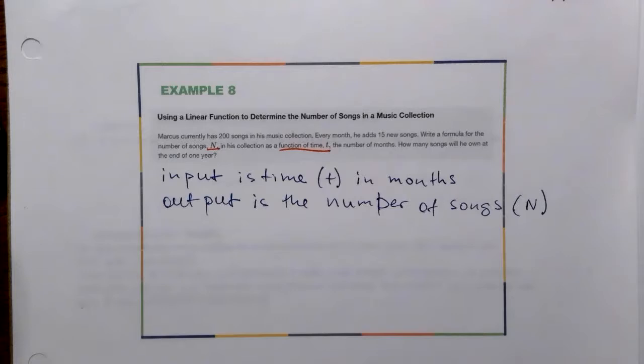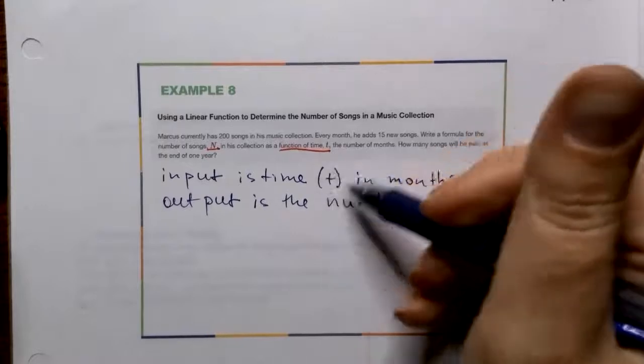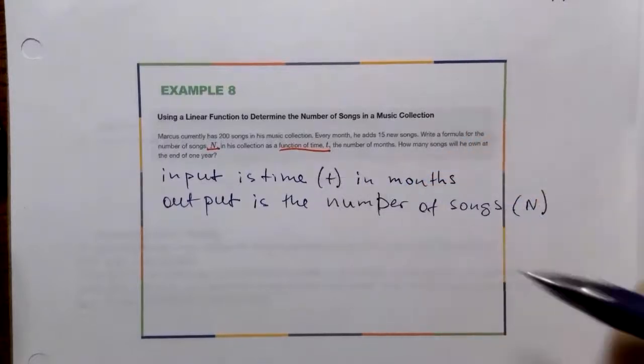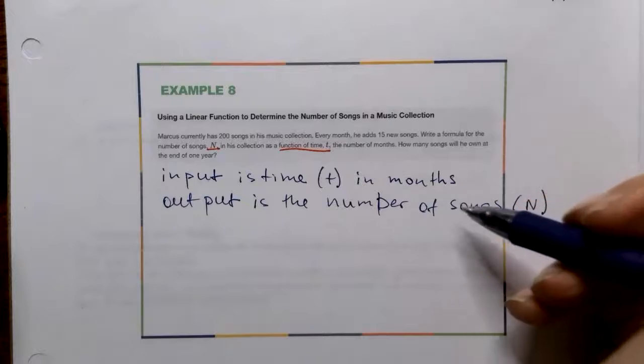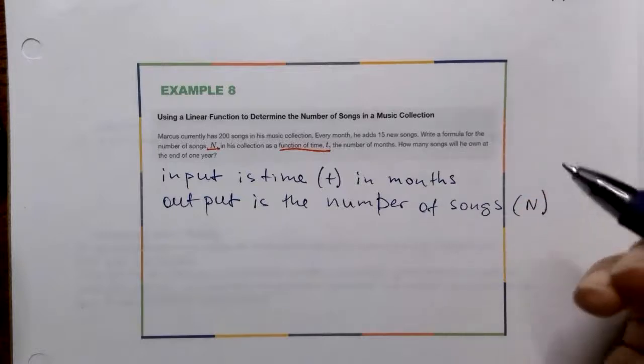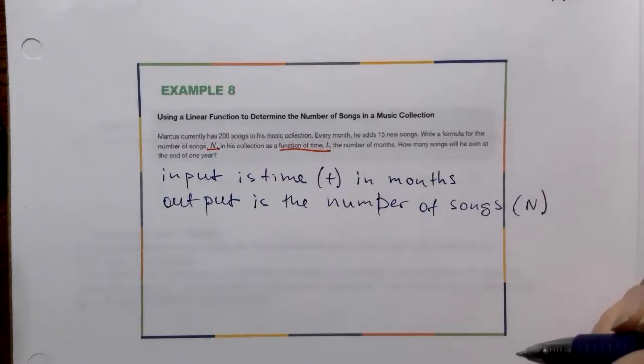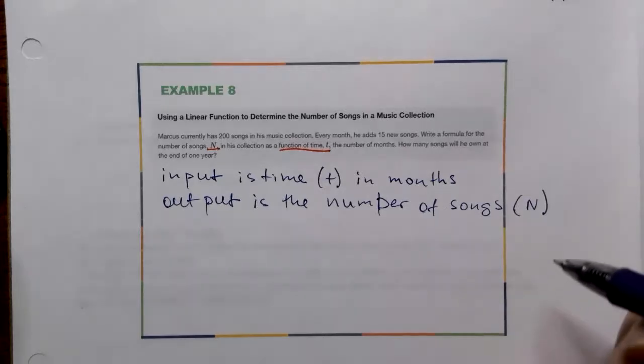What would you want to know first before you answer the question? And hopefully you said time, because that gives you the idea of the number of songs that Marcus is going to have.